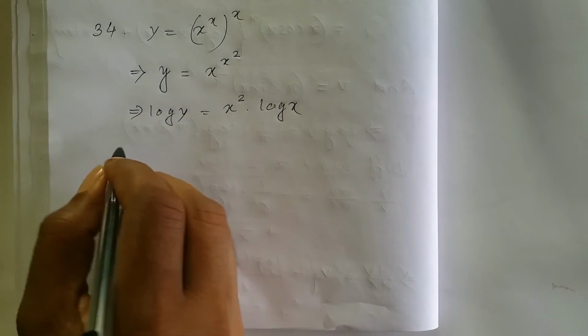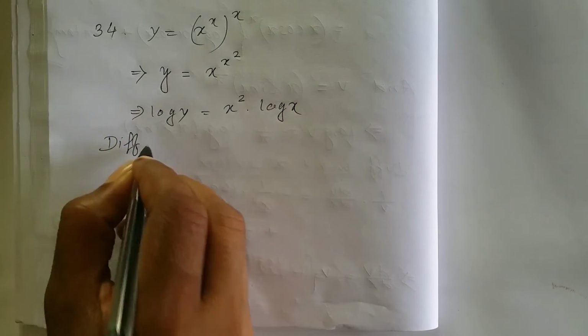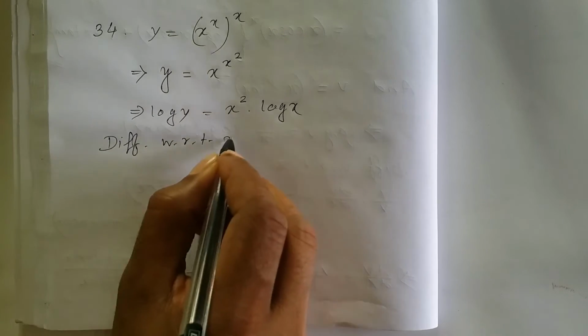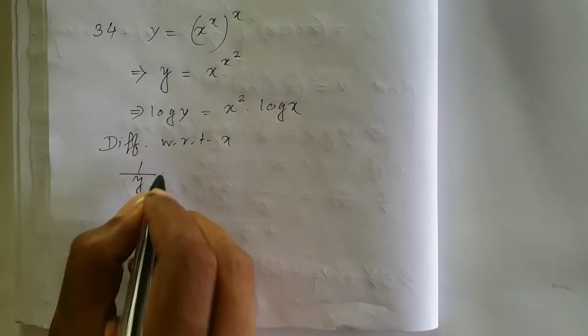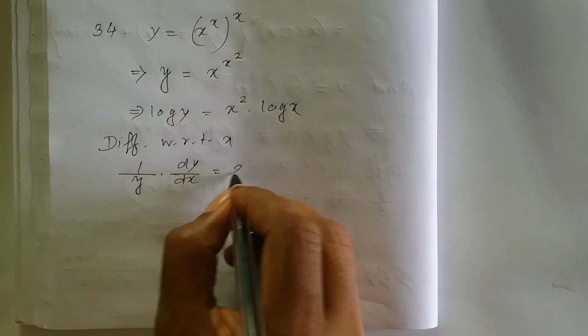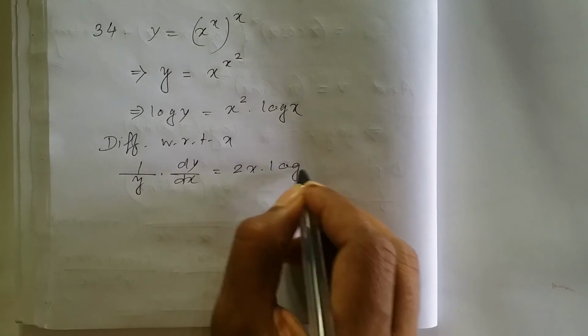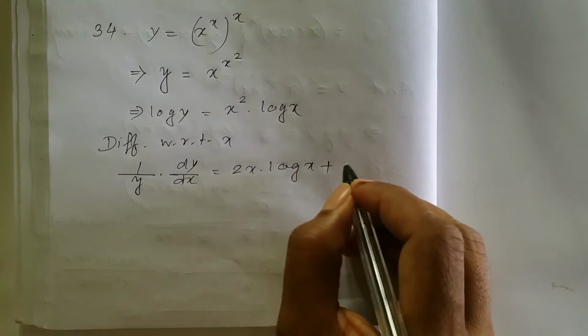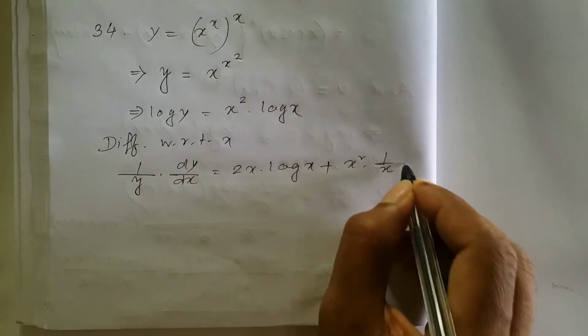Now differentiating with respect to x, the left hand side is 1 by y into dy dx, and the right hand side is twice x into log x, then plus x square into 1 by x only.